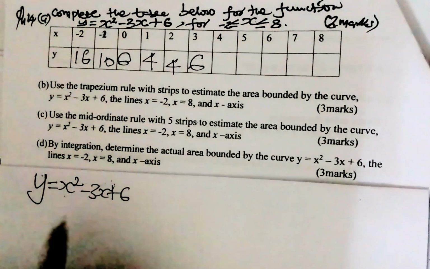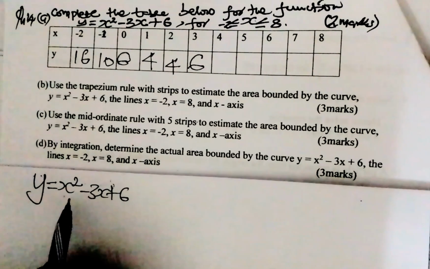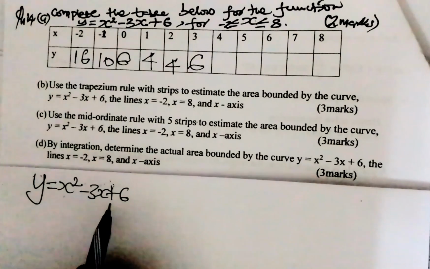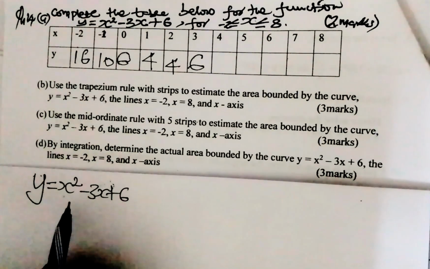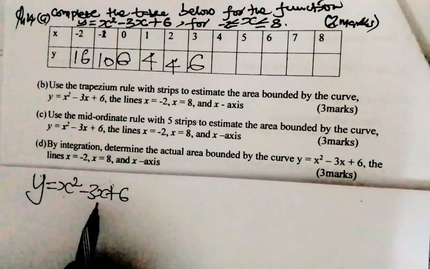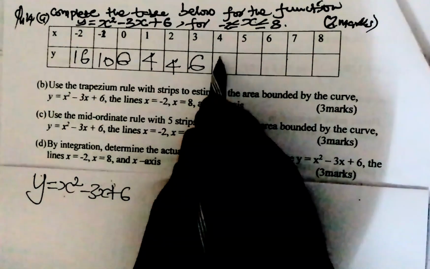When x is 4, you have 16 minus 12 plus 6. So 16 minus 12 gives you 4. 4 plus 6 gives you 10.